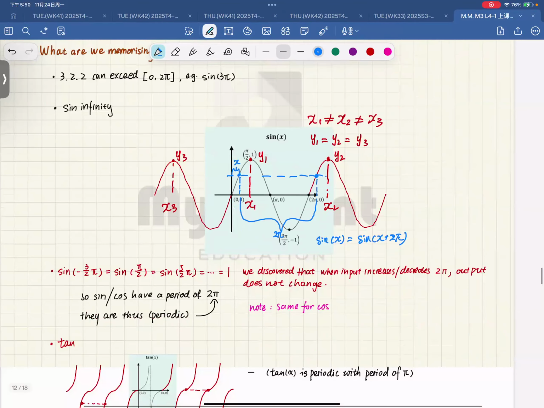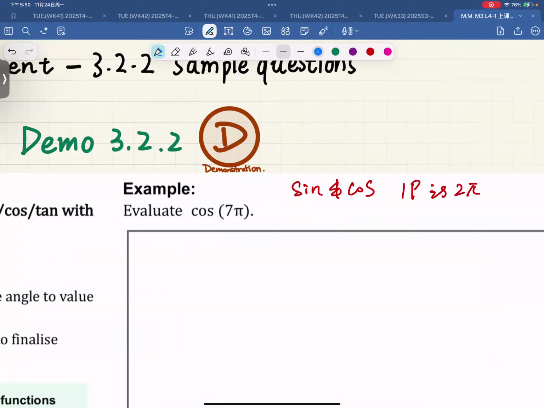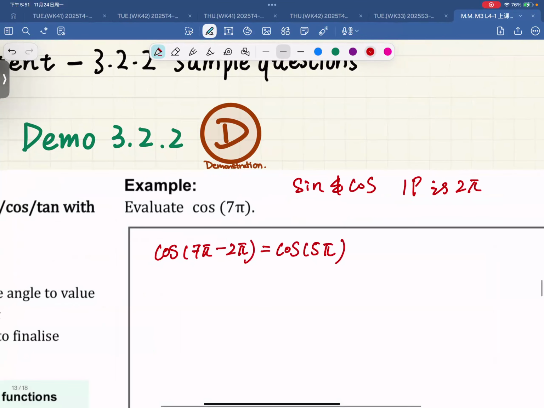Now, cosine 7 pi, that's really hard to find, right? But we can minus 2 pi. Cosine 7 pi minus 2 pi is equal to cosine 5 pi. Can we minus another 2 pi? Yes.